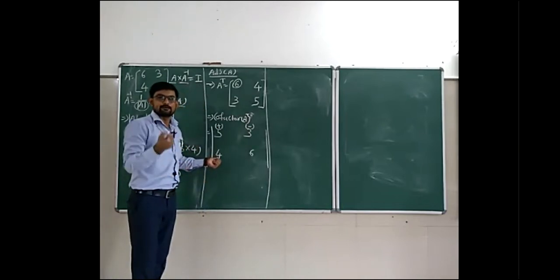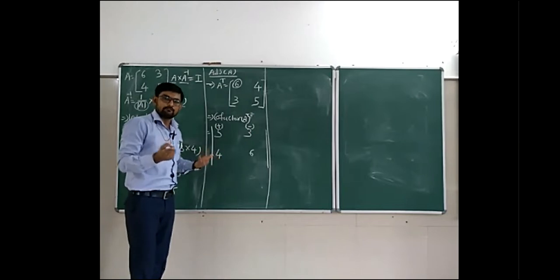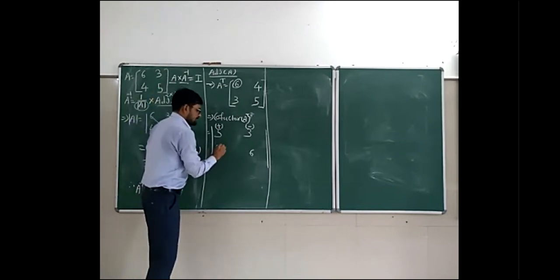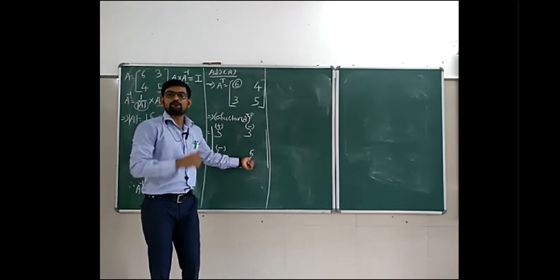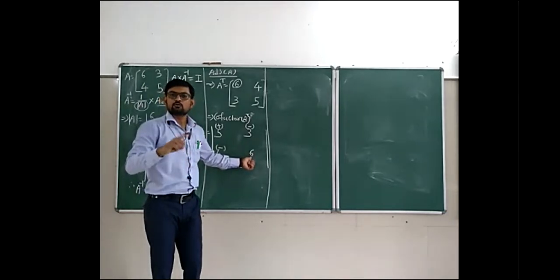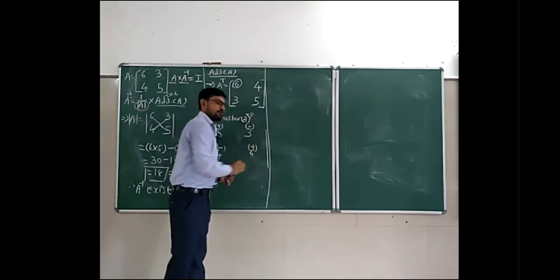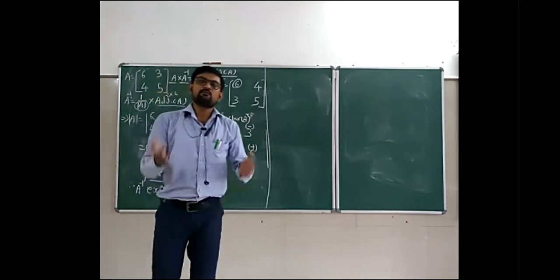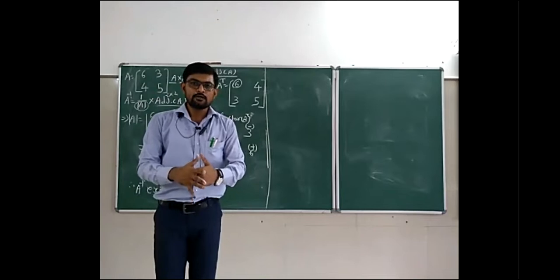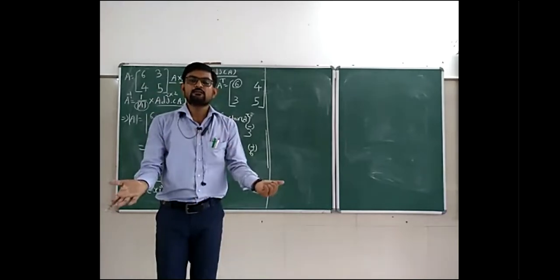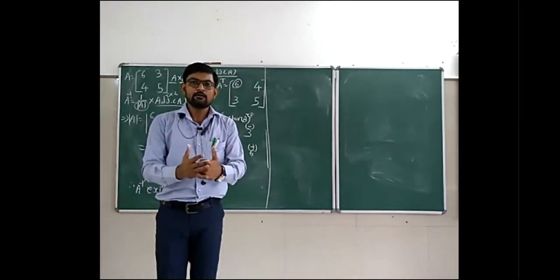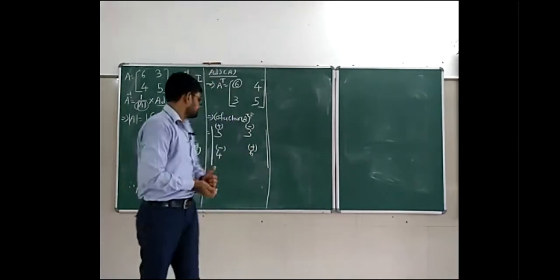That is 2 plus 1, 3. Odd number, use negative sign. And this is the element of second row, second column. 2 plus 2, 4. Use positive sign because it is even. So when you get an odd number, use negative sign, and when you get an even number, use positive sign.